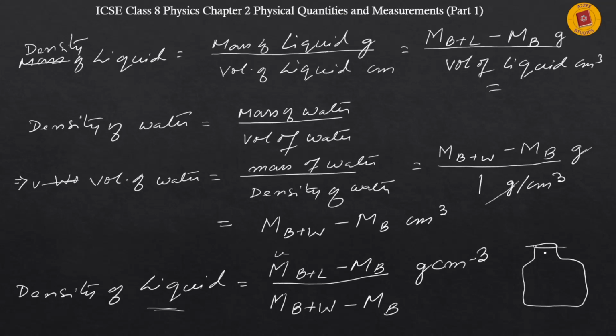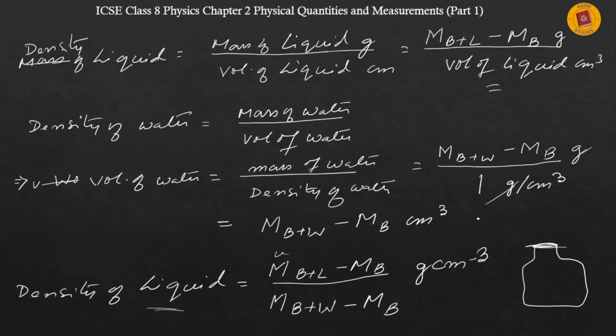In both the cases, the bottle is filled up to the brim, of liquid and water. You can do this experiment with any household liquid like oil or alcohol or sanitizer. So you can measure the density and you can get a weighing machine if you have at your home, or you can get help of the nearby grocery shop. You can do this experiment at home.